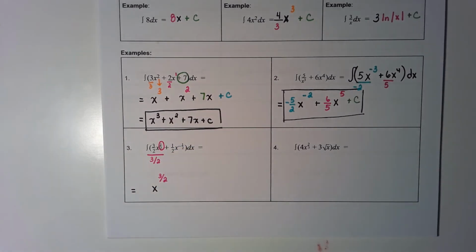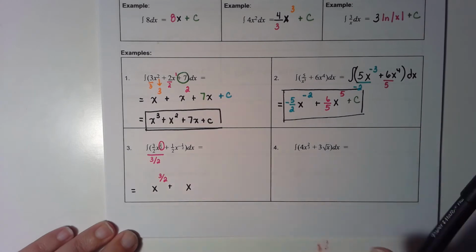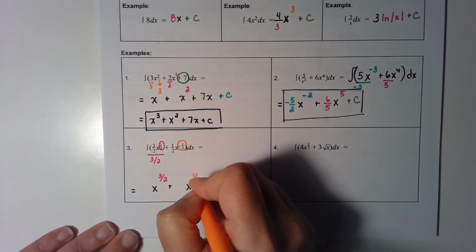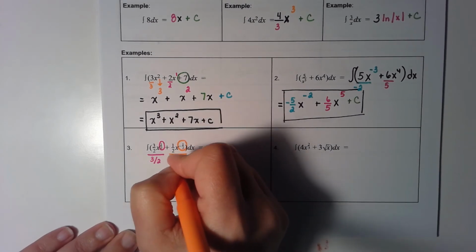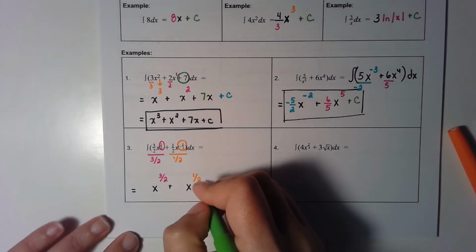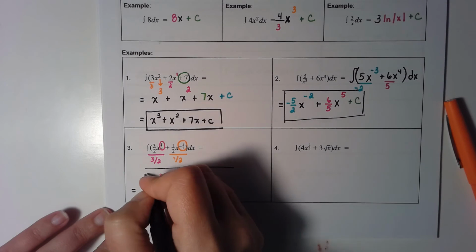Now, when you divide here, you just get 1, so it's just x to the 3/2. For the next term, we have x to the negative 1/2. Now, negative 1/2 plus 1 is positive 1/2. And if you divide by positive 1/2, you just get 1. And so then at the end, we're just going to put plus c, and that's my antiderivative.